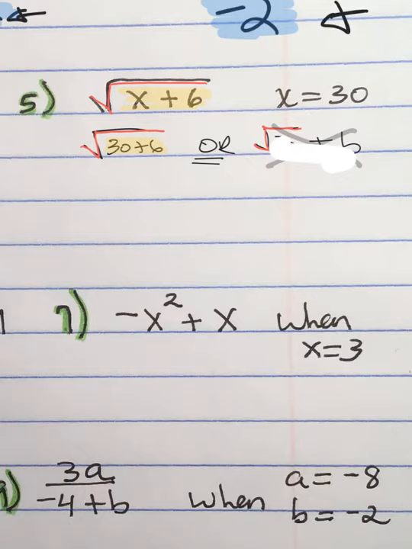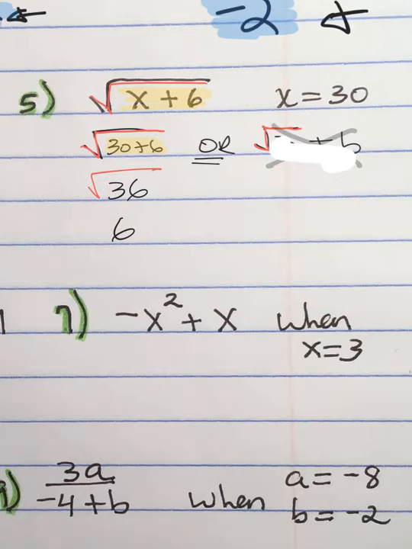So let's finish this problem. So then we have to do what's underneath the square root first. So 30 plus 6, 30 plus 6 is 36, right? Then we can actually take the square root of 36 and get 6.